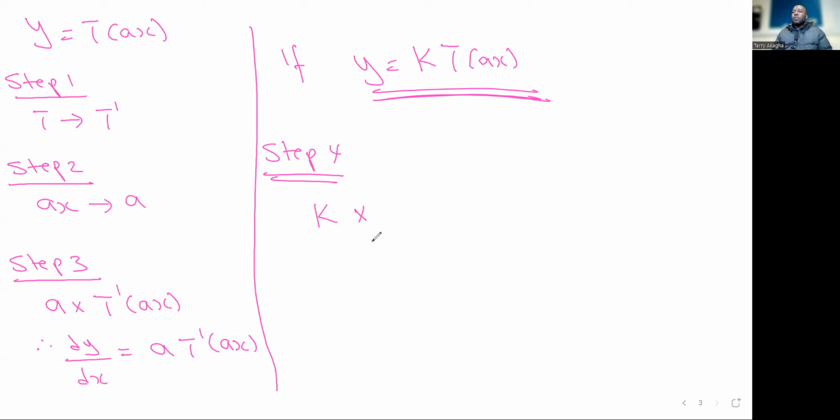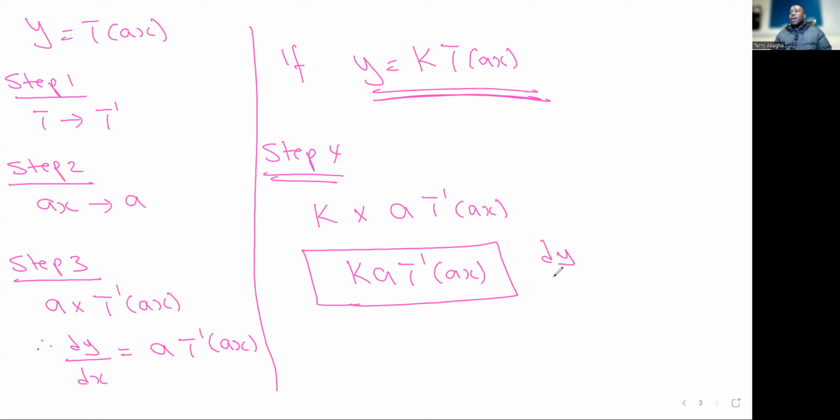K. So it's now going to be a t prime ax, and that will give you K a t prime ax. So this will be the dy over dx, and that will be the answer for that. So that is how you do it.